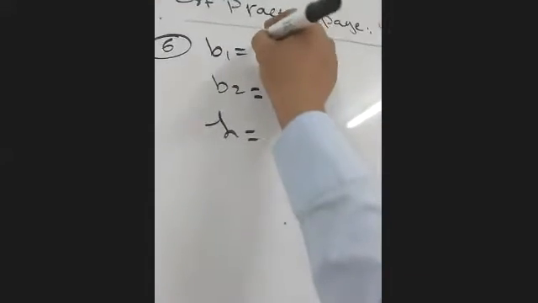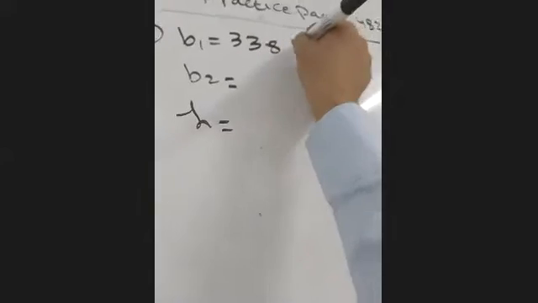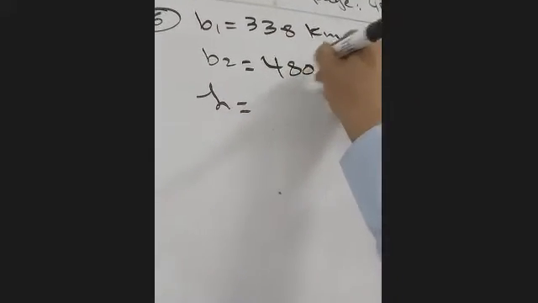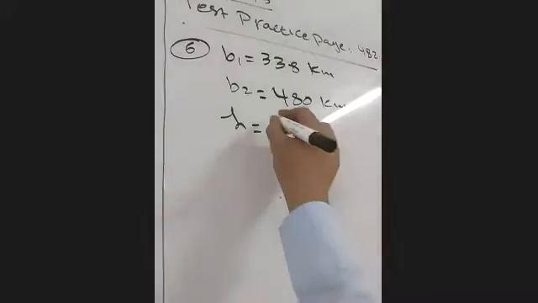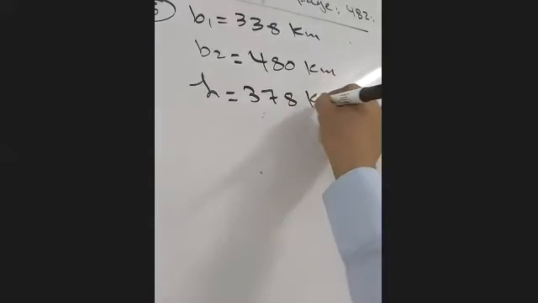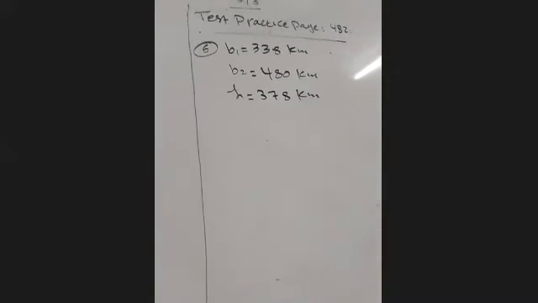Base 1 is 338 kilometers. Base 2 is 480 kilometers. Excellent. The height is 378 kilometers. Good.